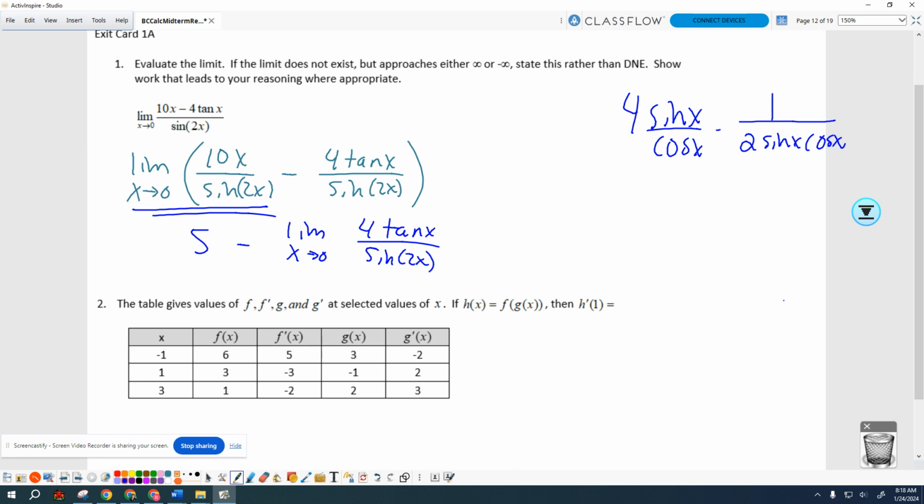We did that review thing from pre-cal yesterday. Sine over sine cancels. 4 over 2 is 2. Cosine of 0 is 1. So 4 divided by 2 is 2. So 5 minus 2 is 3.